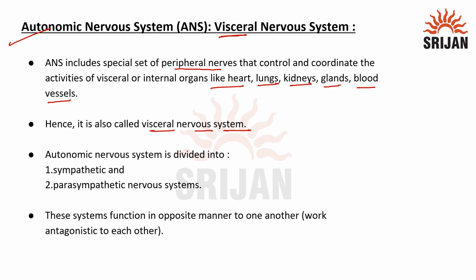Now this ANS, that is the autonomic nervous system, is again divided into two types, that is sympathetic and parasympathetic nervous system. The sympathetic and parasympathetic nervous systems are divided based on their function. Both these systems function in an opposite manner. For example, if the sympathetic nervous system stimulates a particular thing, the parasympathetic nervous system inhibits the same thing.